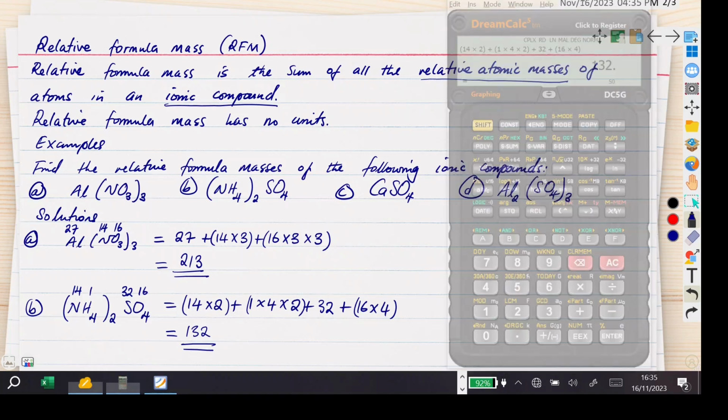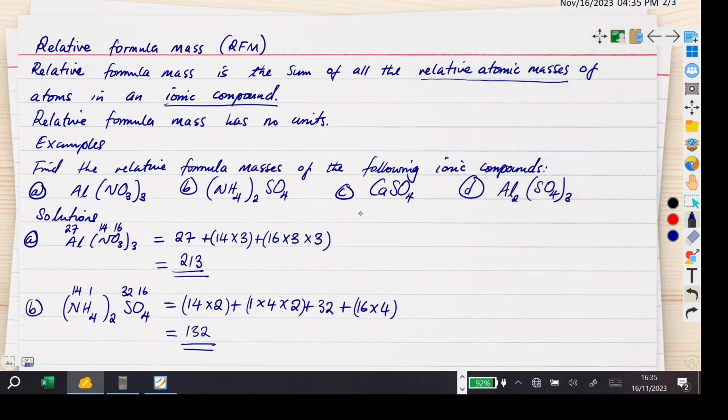Then you shift to this other one. So this is A and B, then C, we can answer C from here. For C, we have calcium sulfate. Calcium on the periodic table, the relative atomic mass is 40. Then sulfur is 32, as I've told you, oxygen 16. Then you sum them up: calcium 40, because there's nothing down here, you leave it as it is, then plus sulfur 32, plus oxygen 16, and because there's a 4 here, you say 16 times 4.